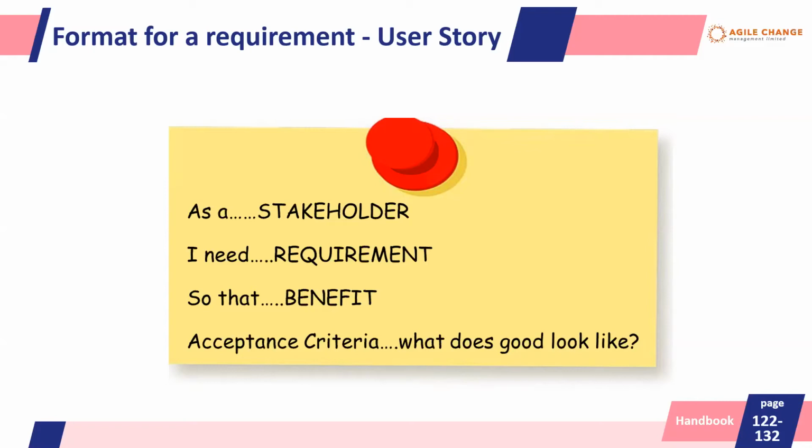You then write what it is the requirement is, what is going to change, what is the thing that you're creating or amending. And to make sure that you can easily prioritize it, you tie it back to benefits so that you work out, what is it that's going to be good? Why do we need this thing? And of course, that can come from, as we've seen in the business need lesson, we can think about one single idea or the benefits dependency network.